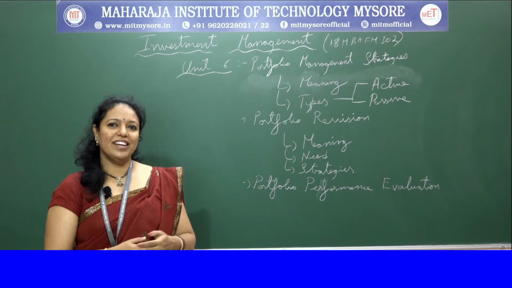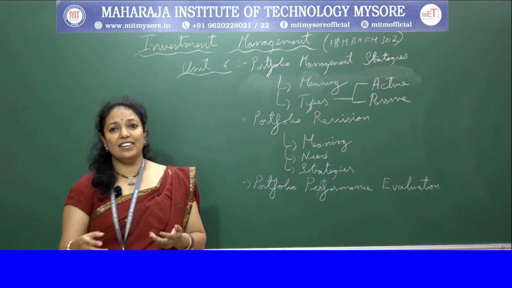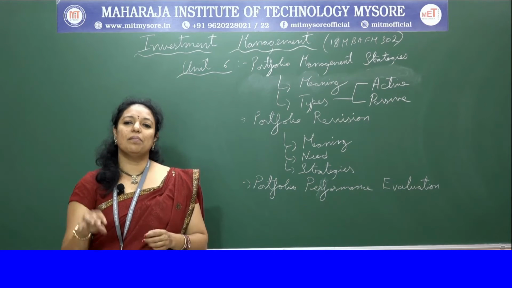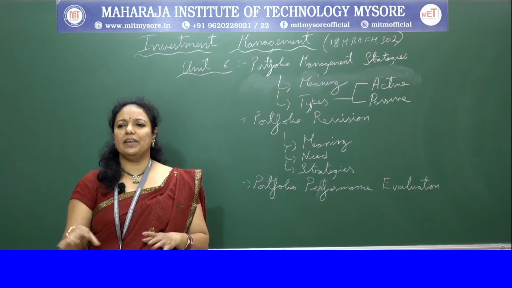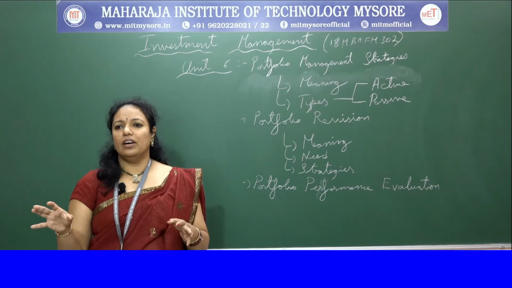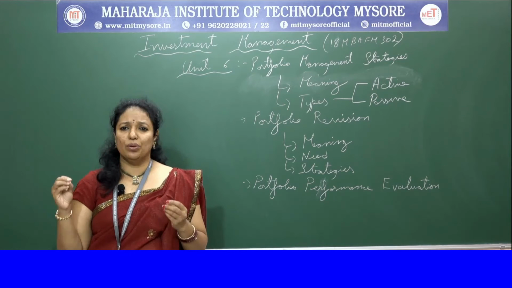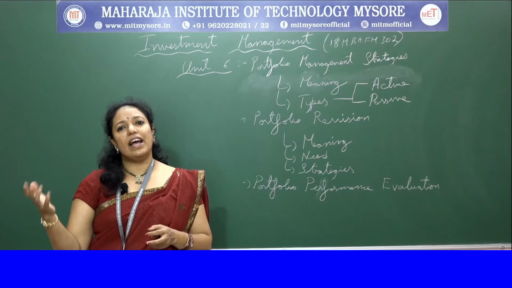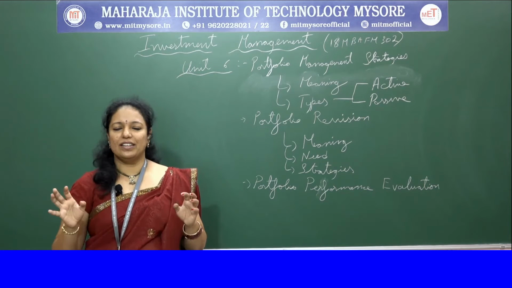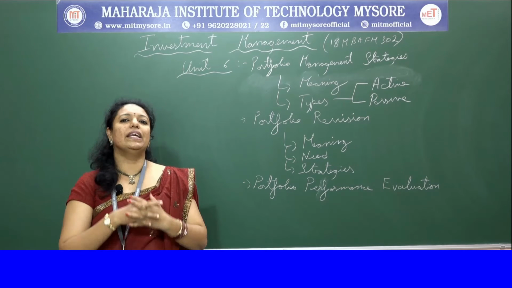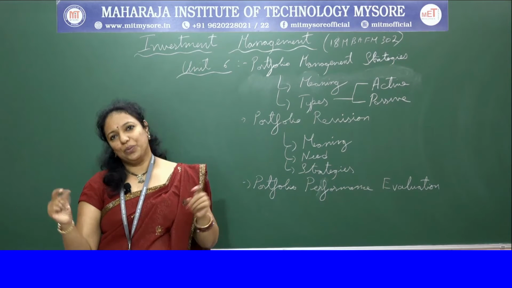Efficient market theory, which we have already done previously, says that the information that affects the market is immediately available and possessed by all the investors, and such information is always considered in the evaluation of market price. All the investors get the information equally, freely, and quickly.